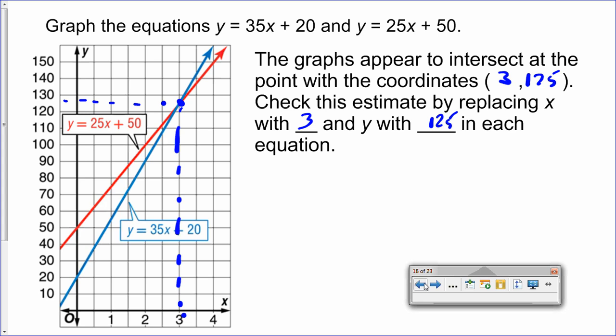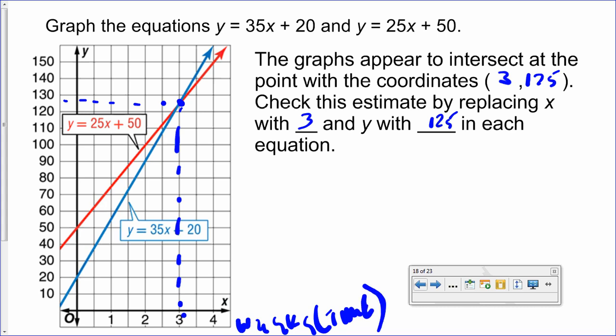What's on the bottom here? Weeks. Time is mostly always on the x coordinate. That's what we're looking for. The only reason I would plug it in is to check for equality, to see if it's a true statement. Nice.